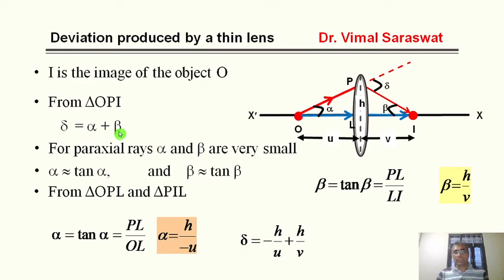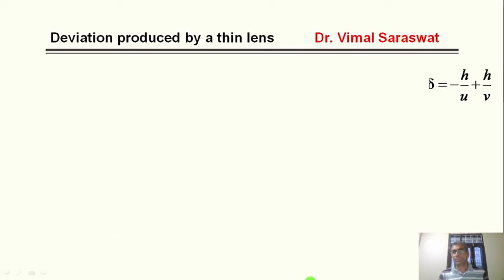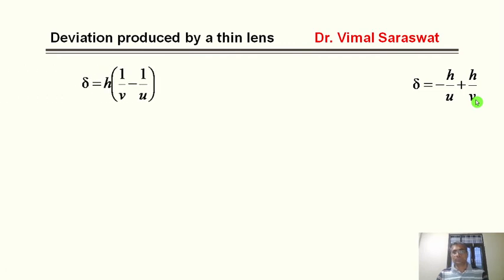So on substituting the value of alpha equal to minus H upon U and beta equal to H upon V, delta equal to minus H upon U plus H upon V. Now if we take H as common, then delta equal to H, and in bracket 1 upon V minus 1 upon U.